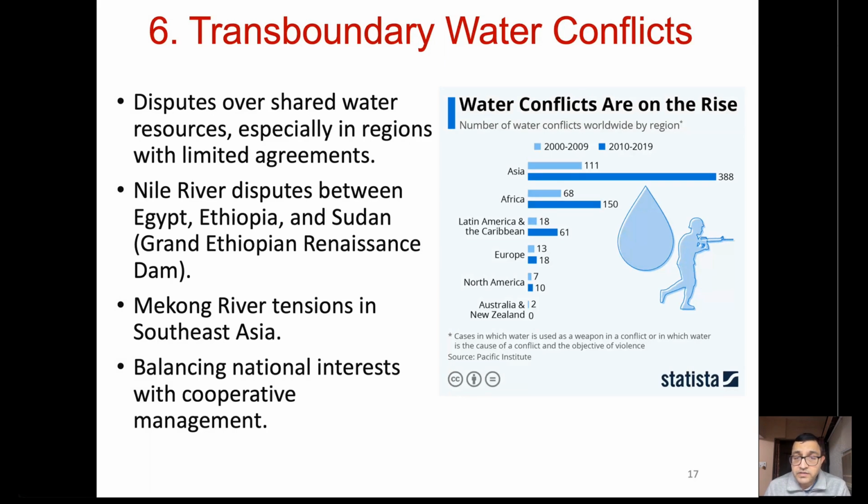And then Africa, and then Latin America and the Caribbean, and so forth. The key for a lot of these transboundary conflicts is how the different stakeholders are able to balance their national interests with cooperative management. Some of these are decade-long issues, and it's not easy to solve them. It needs a lot of policy and diplomacy.